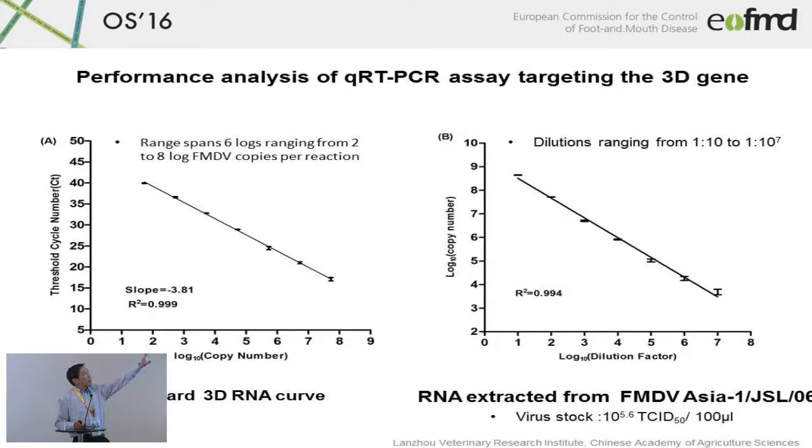The real-time RT-PCR we use is based on the 3D, which means we use primers targeting the FMDV 3D genome. I think this is one of the widely used assays globally, because the other one uses IRES primers. So the 3D is one of the two most popular RT-PCR assays for FMDV RNA detection.